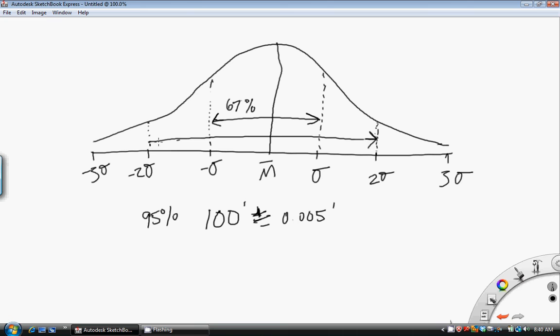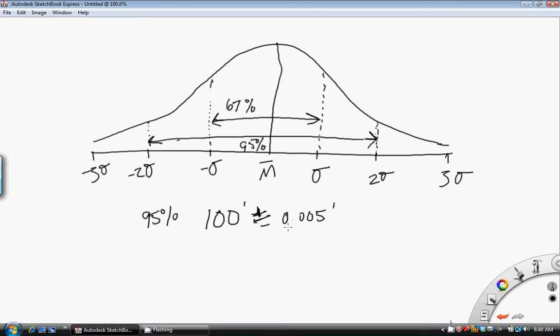I believe we actually take the standard deviation and multiply it by 1.67, if I'm not mistaken, to get the 95% error. So it's a little bit less than 2. We'll just call it 2 for our purposes. So 95% of your data will fall between -2 standard deviations and positive 2 standard deviations.